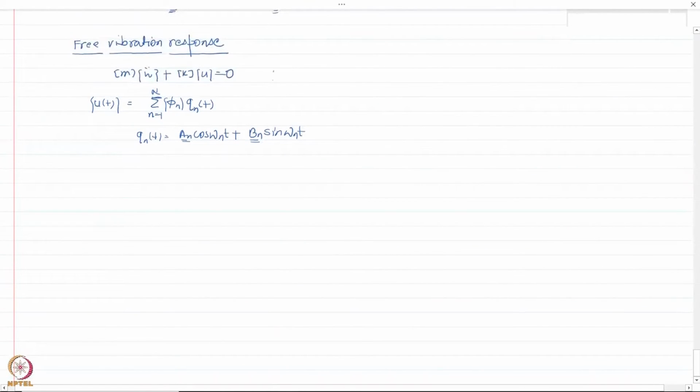If this is our equation of motion, the initial conditions are typically given as the displacement vector at time t equal to 0 and the velocity vector at time equal to 0. Utilizing this, we find an and bn. Omega n is the circular frequency of the nth mode. Let us see how we get the constants an and bn, because once we get those, we can find out the overall displacement vector.